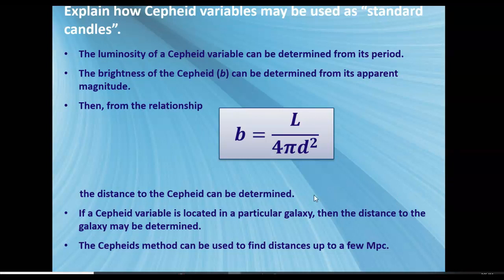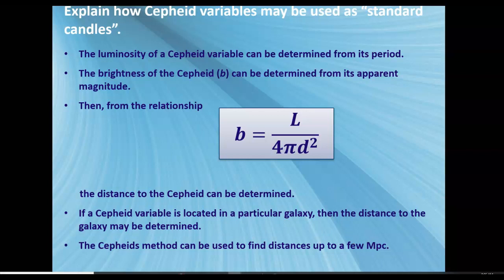And then we can use this equation that we talked about before to find the distance to that star. Now, the nice thing about using Cepheid variables to find distance rather than stellar parallax is that we can use them even if the star is not in our galaxy. Even if it's millions of parsecs away, we can still use this method to find the distance to that star.